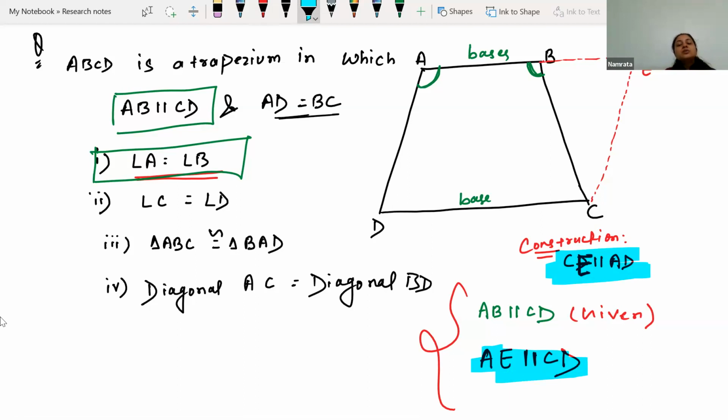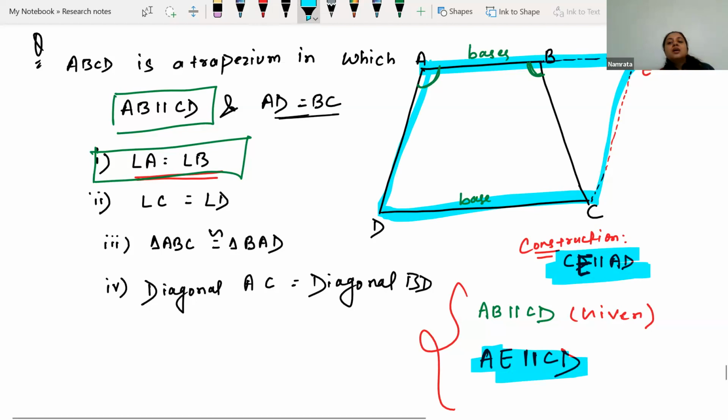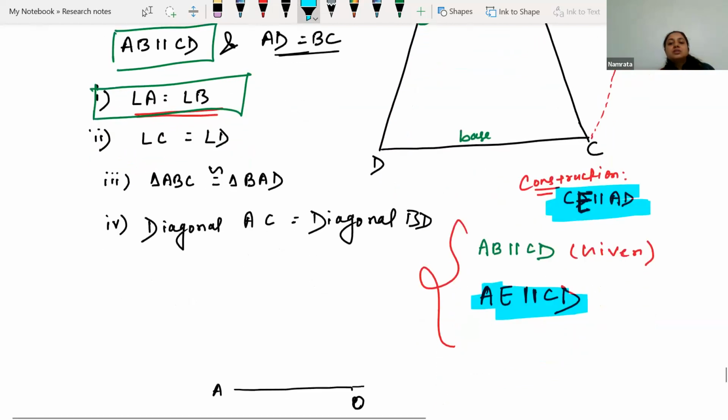Can we say that AECD or ADCE is a parallelogram? Yes, we can say that because both the opposite sides are parallel with each other. So it's a parallelogram. Let's write it.